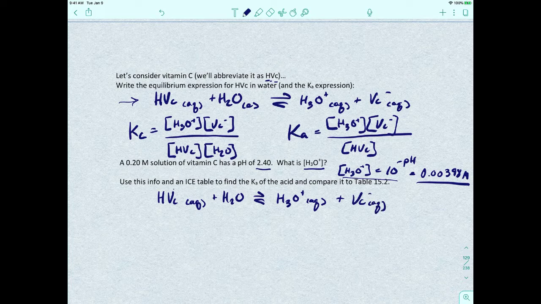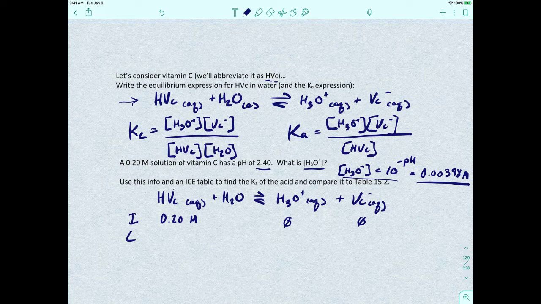Here's my equation. Initially, we have 0.20 molar concentration of ascorbic acid, and the rest of these are at 0. We know that the acid is going to go down, and we're going to make 0.00398 molar.